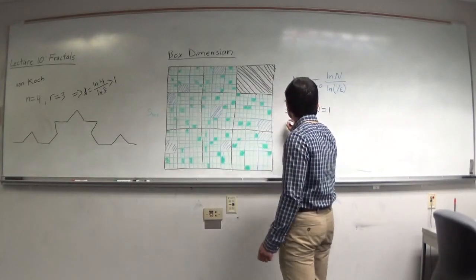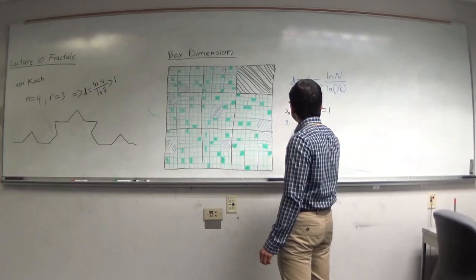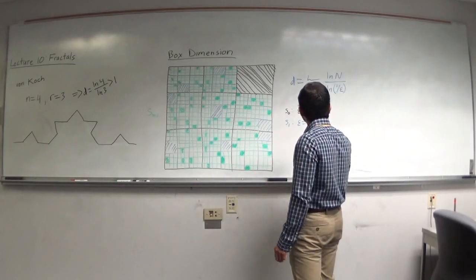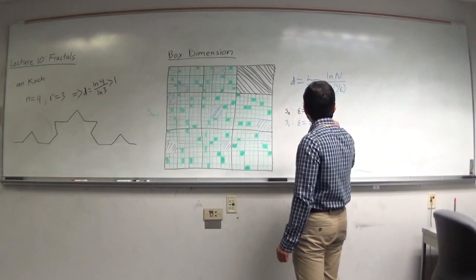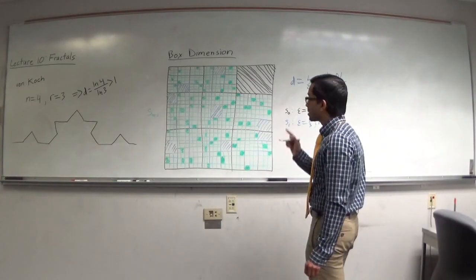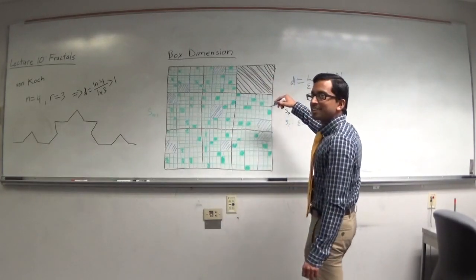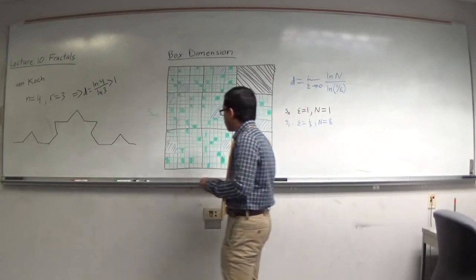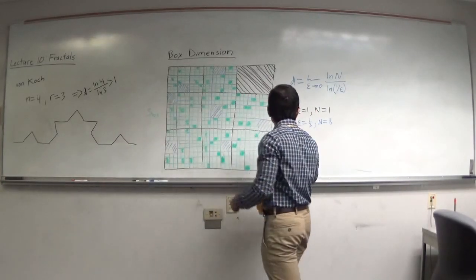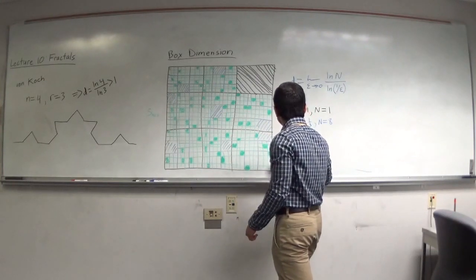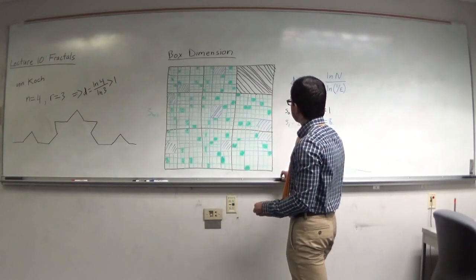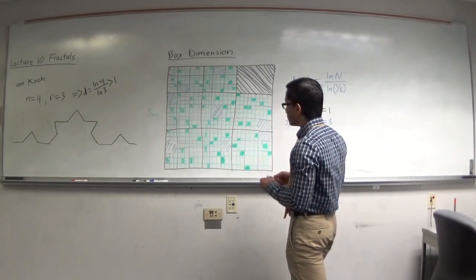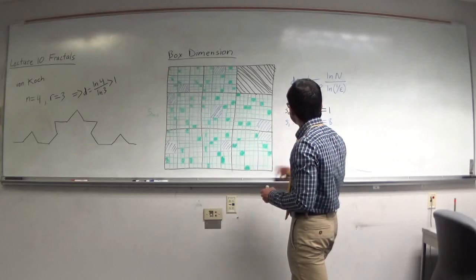And then S1. For S1, what's epsilon? 1/3. And N equals how many? 9. It's not going to be 9 because we took this out. 8. So it's going to be 8. And then for S2, I messed up the colors there, but that's okay.